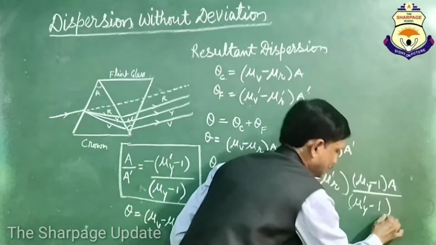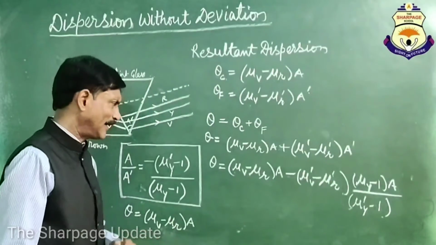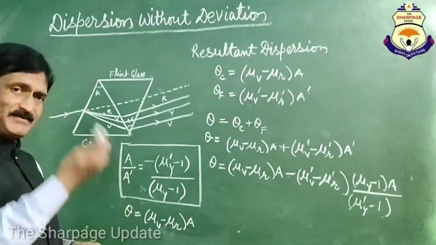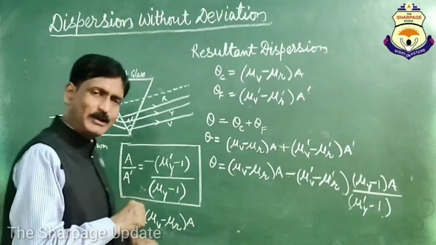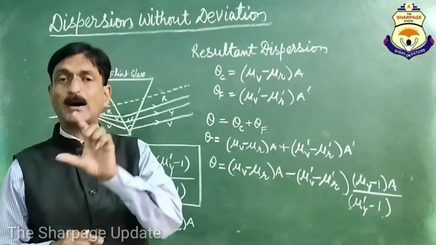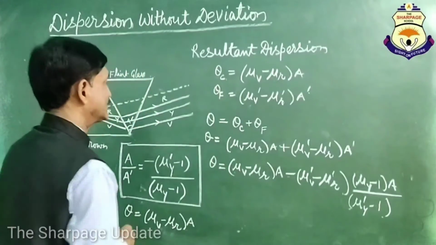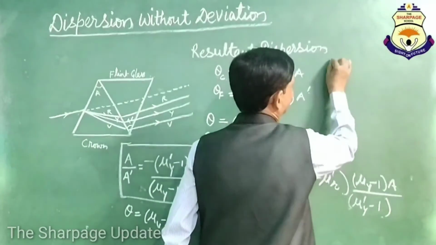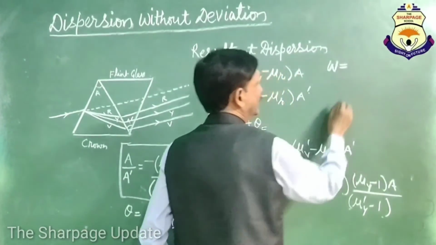Now friends, in previous video I have told you the relation for the dispersive power, means dispersive power can be written in this way.